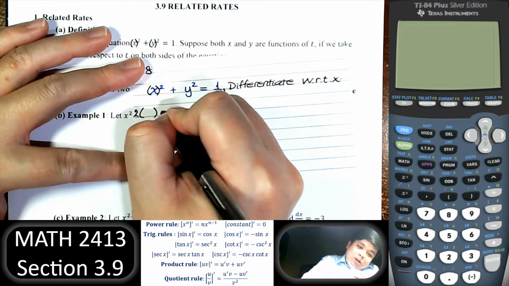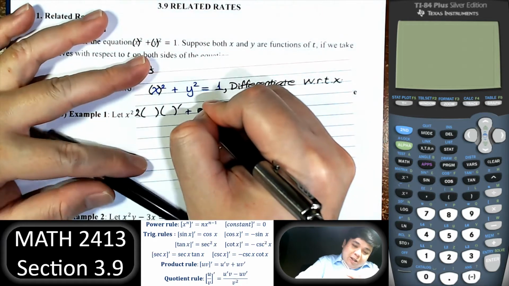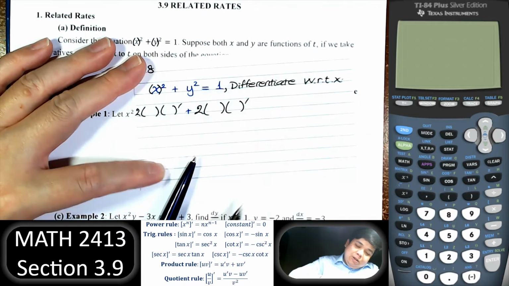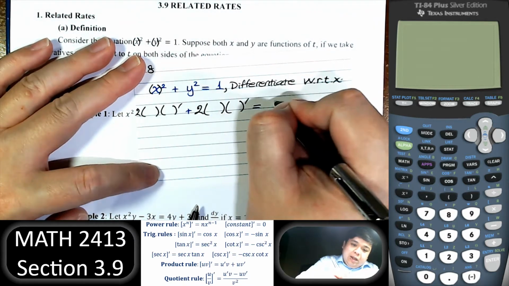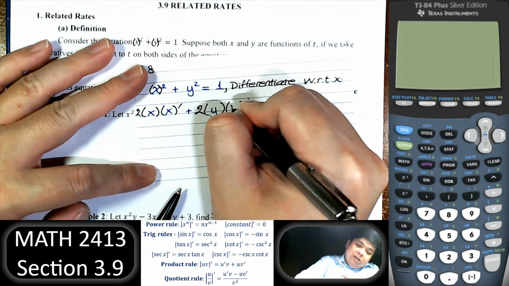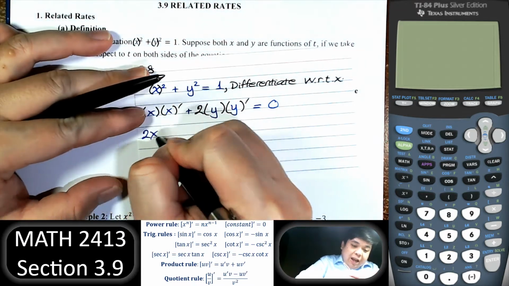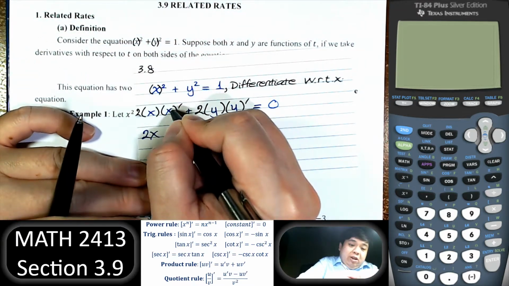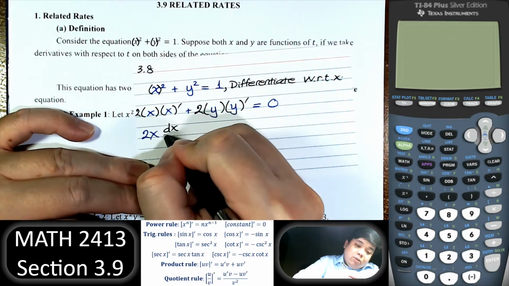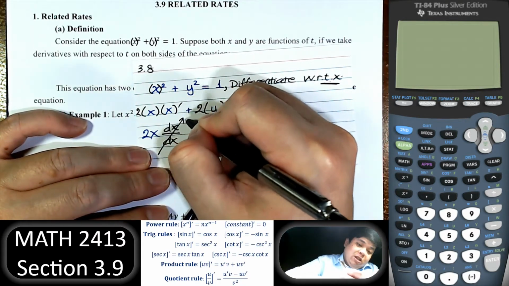It's going to be 2 parentheses prime plus 2 parentheses prime, then 0. Of course, we can put x, y in there, so it's going to give us 2x. Now this one we have the derivative of x, so you can just write x with respect to x, so dx over dx, and that's equal to 1.